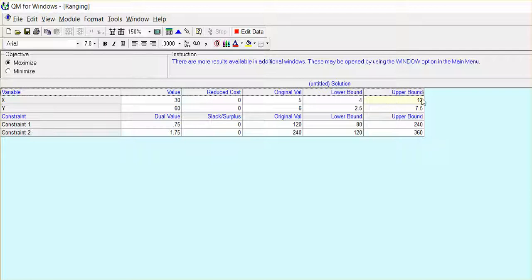Between 4 and 12. Then in part C, it says, instead of an increase in the profit coefficient of x to $8, suppose that the profit was overestimated and we would only have 3. Does this change the optimal solution?